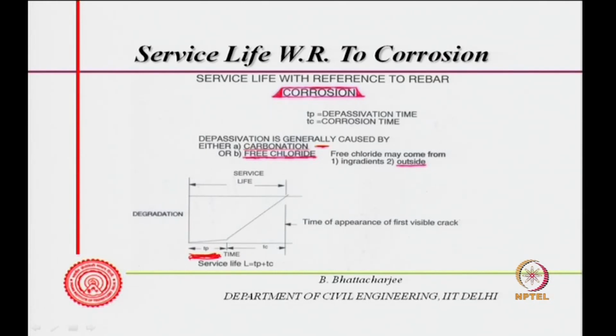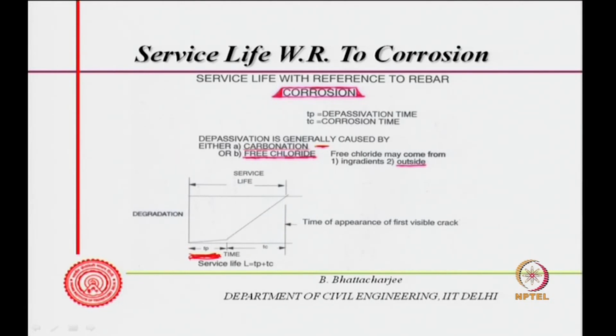We also mentioned last class that at high pH values, the oxide passivates the steel, in other words forms a layer over the steel bar, which does not impair the performance of the reinforcement bar.